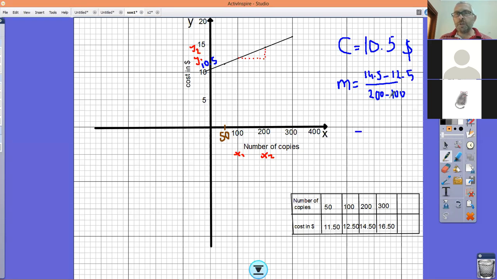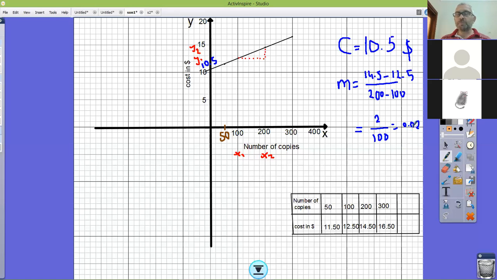If you do the subtraction, 14.5 minus 12.5, we have 2, divided by 200 minus 100, which is 100. Now, 2 divided by 100 will be 0.02. It means one print costs $0.02 or just 2 cents.